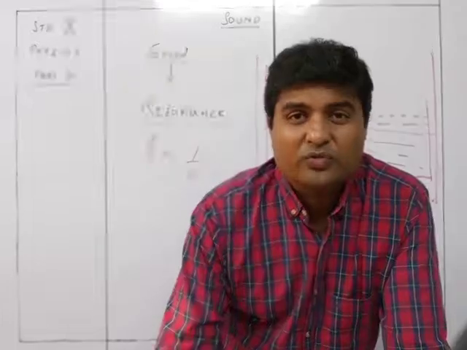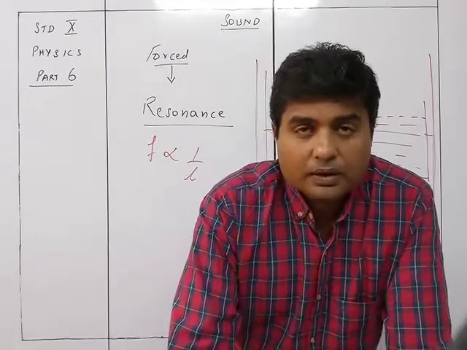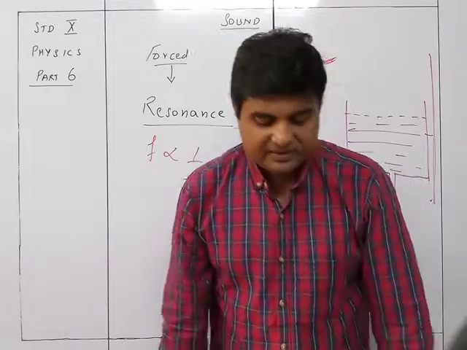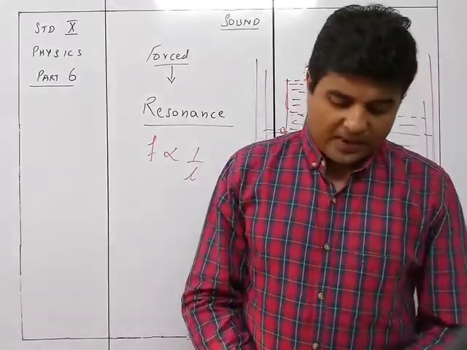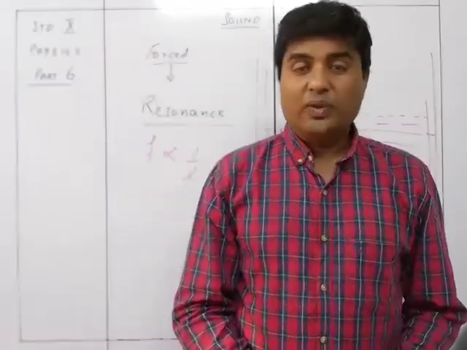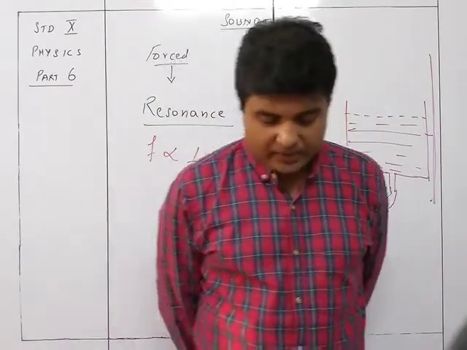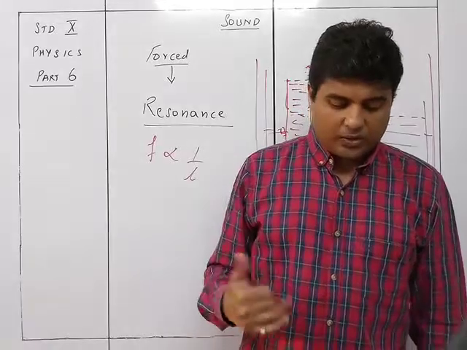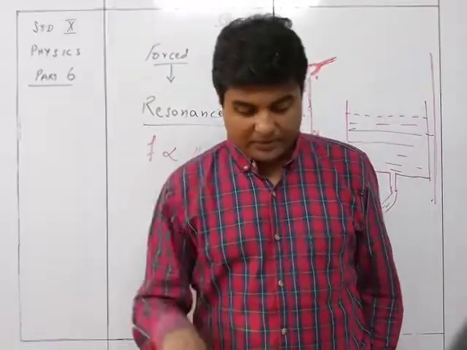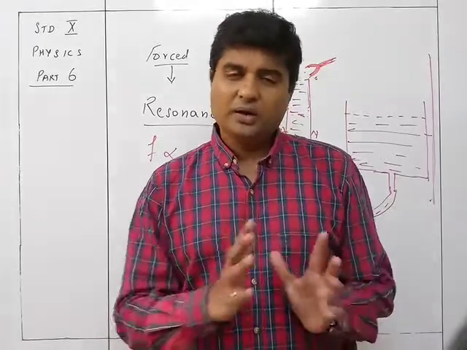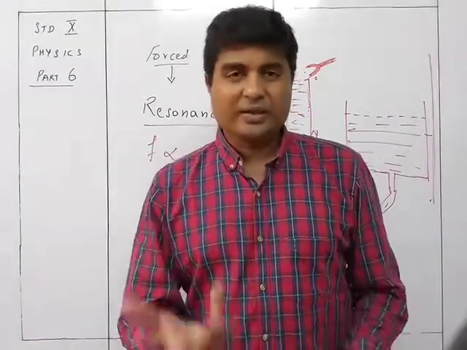Wavelength is the same because v = fλ. So if the length is made 3L, then F1 is equal to v upon 2L1, then F2 will be 3v upon 2L1, so it's going to be the same. So you need not worry about that star mark. If you have not understood it, it doesn't matter because there's nothing connected to your portion.